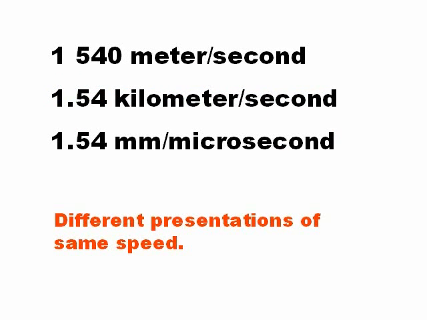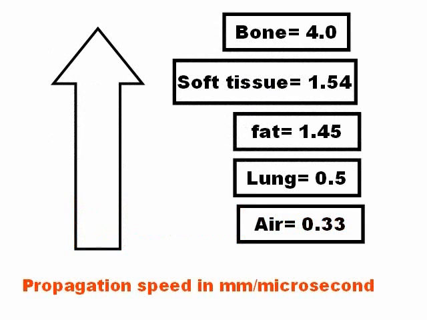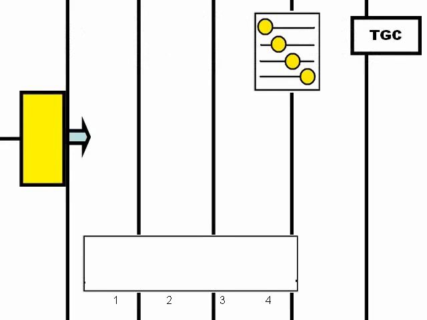There are different presentations of the same speed: in soft tissue it is 1.54 millimeters per microsecond. But there are sometimes when a velocity error is produced.